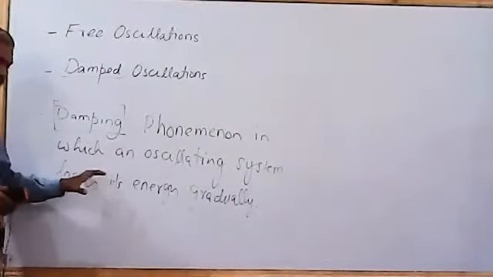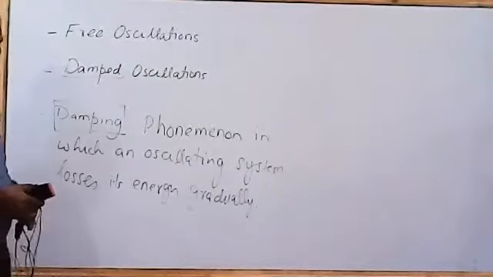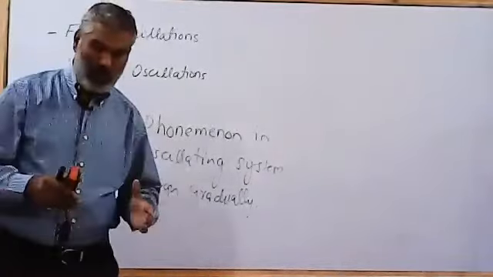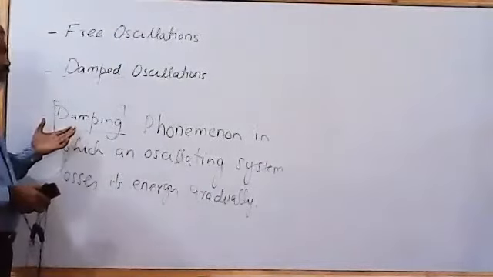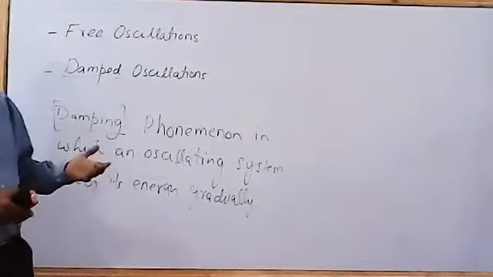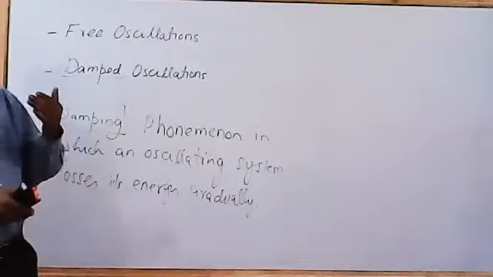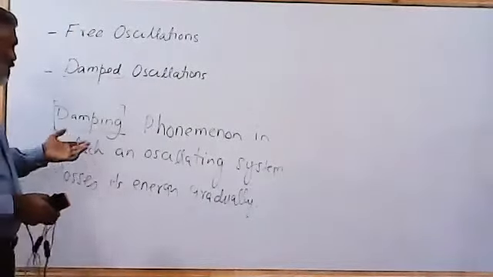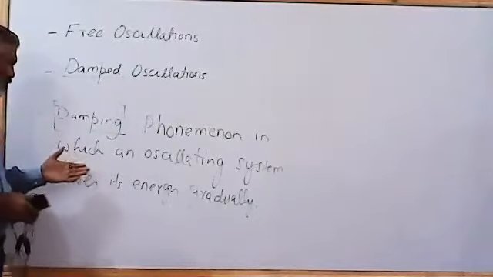Usually the heavily damped system and critically damped systems are controlled by some mechanical design, and we do not want them to have oscillations in them in the first place. So damping is sometimes introduced intentionally, purposely, because we do not want oscillations to develop in that system.